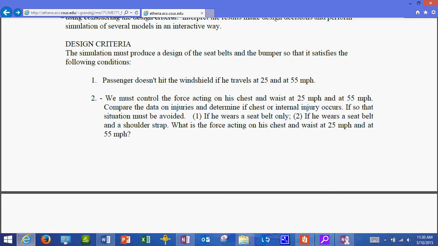If so, that situation must be avoided and you must change the design. That's the idea. If he wears the seat belt only, or if he wears the shoulder strap and the seat belt, what is the force acting on the chest and waist at 25 miles an hour and at 55?